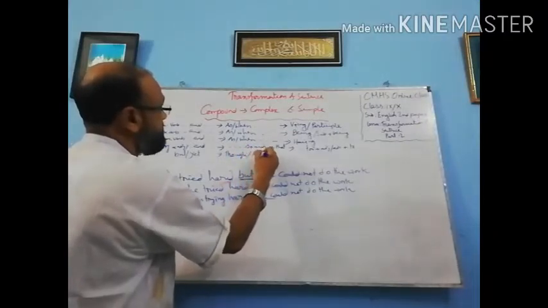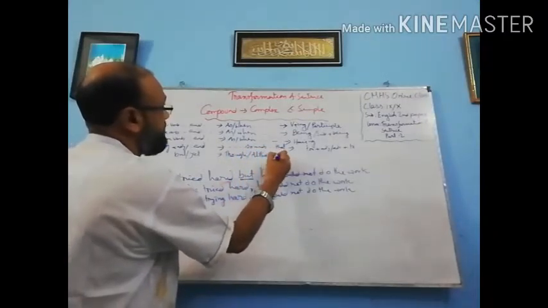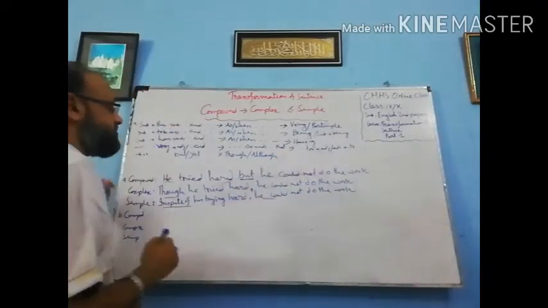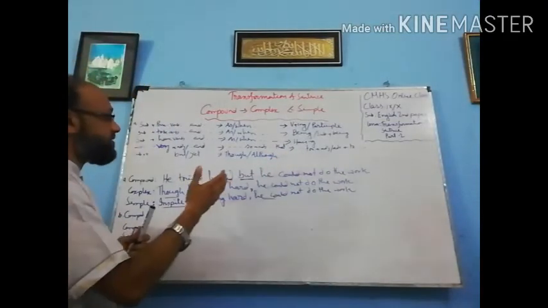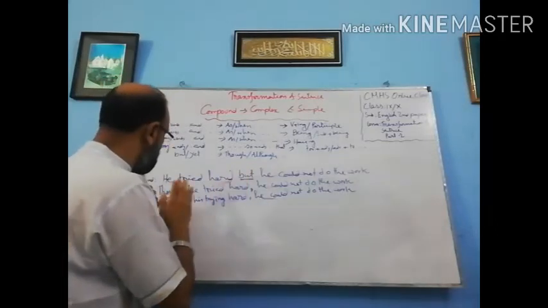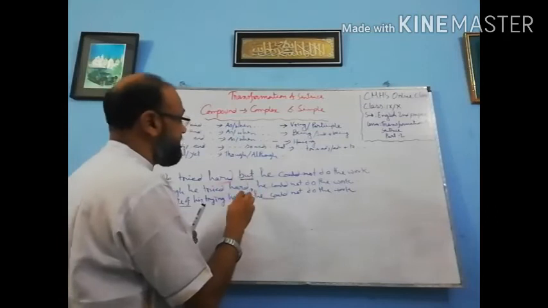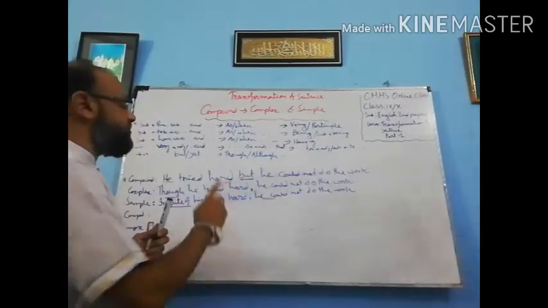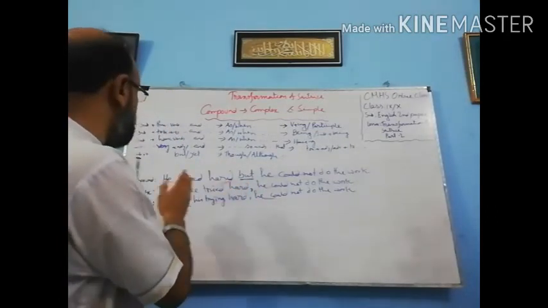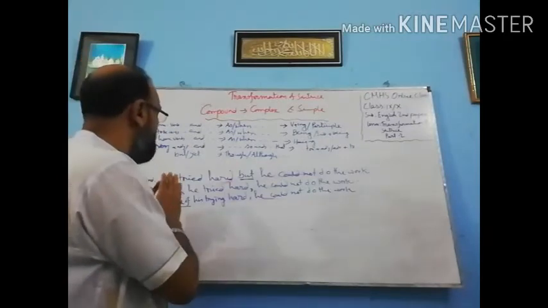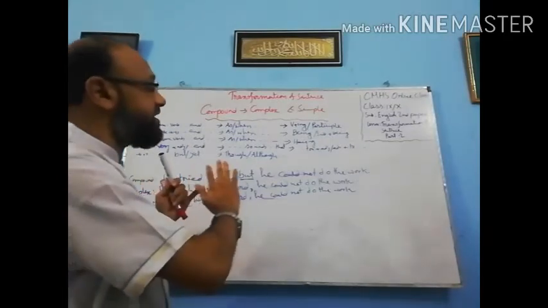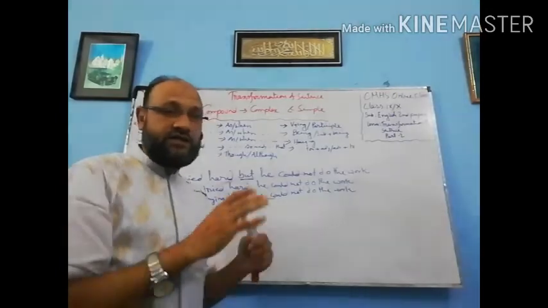You can use either of the two. How can we make it complex? We will use though at the beginning of the sentence and a comma in place of but. But will be omitted and we will use a comma in place of but, and we will use though at the beginning of the sentence, and in the remaining part of the sentence there is actually no change.